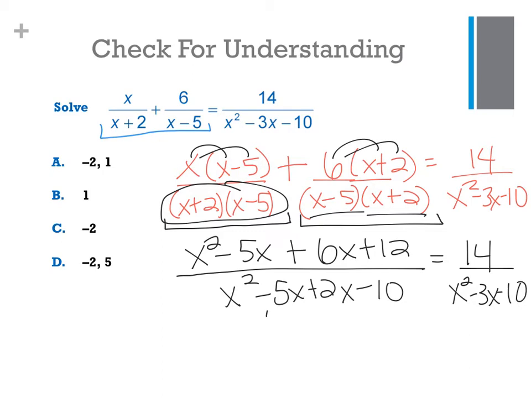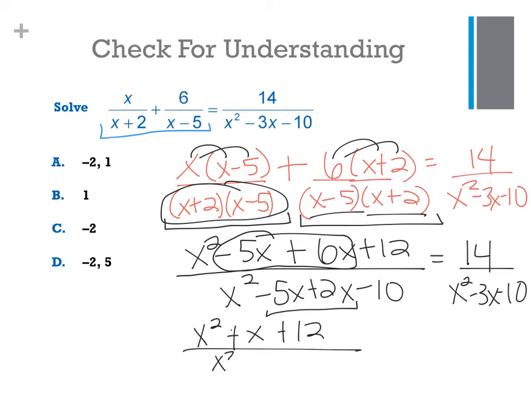Now, if I combine like terms here, I get x squared. I'm going to combine these like terms on top as well. I get 1x plus 12 all over x squared minus 3x minus 10 is equal to 14 over x squared minus 3x minus 10.